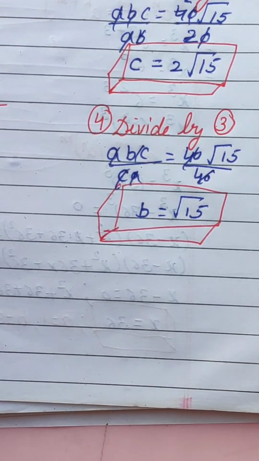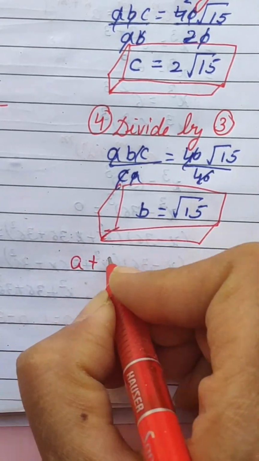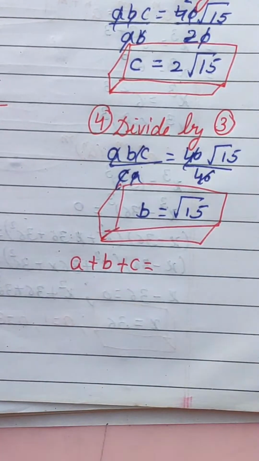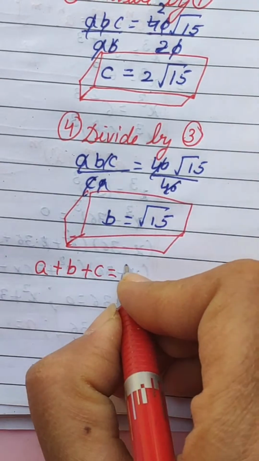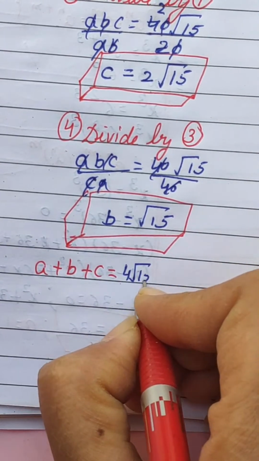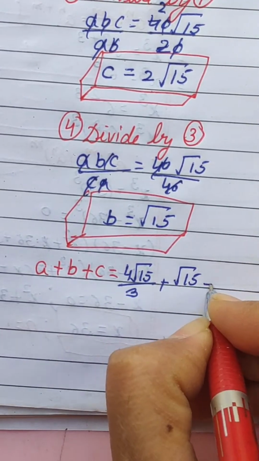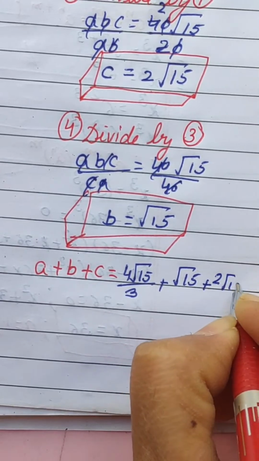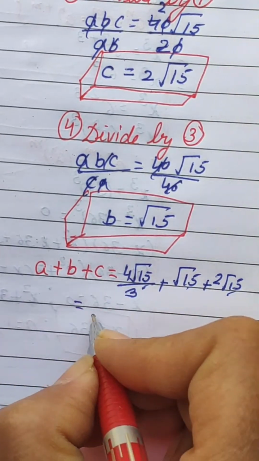Right? So now the question is, what is the value of A plus B plus C? So we just add all these three. So now we have the values. Your value of A is 4 root 15 upon 3, B is root 15 and C is 2 root 15. Okay, so we can take root 15 common.